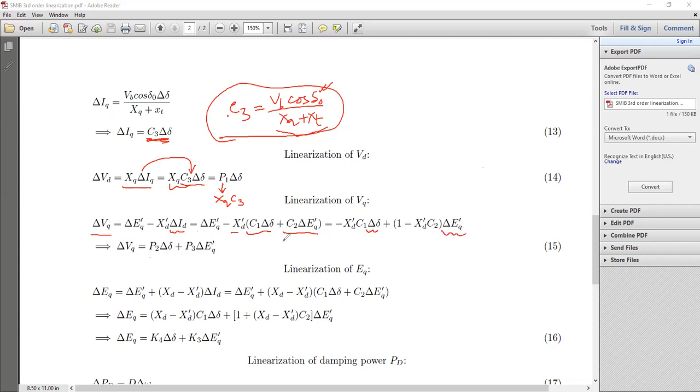If you take common del EQ prime, you are left with 1 minus xd dash C2, and for del delta, the term is minus xd dash multiplied by C1. This is your P2, and this is your P3. Now it's pretty simple: del VQ is P2 del delta plus P3 del EQ prime.